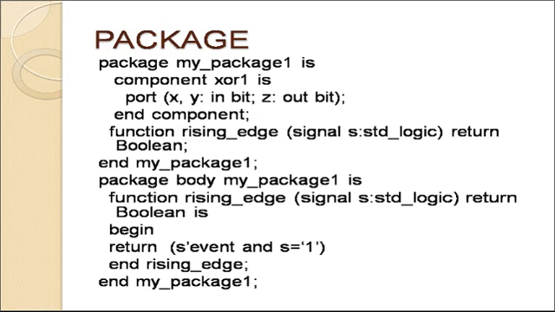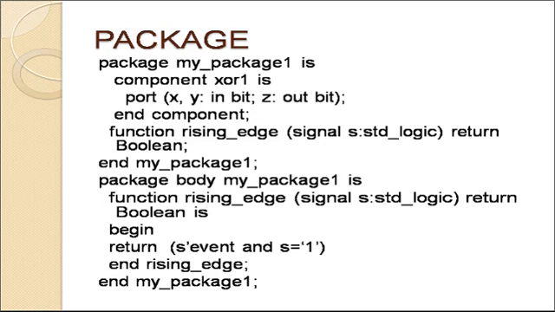Quite obvious, I told you that whenever you declare a function you need a package body. Hence for this package it is essential to write the package body. The package body my package 1 has function rising edge with signal S that is std_logic. Here in or out is not being written.